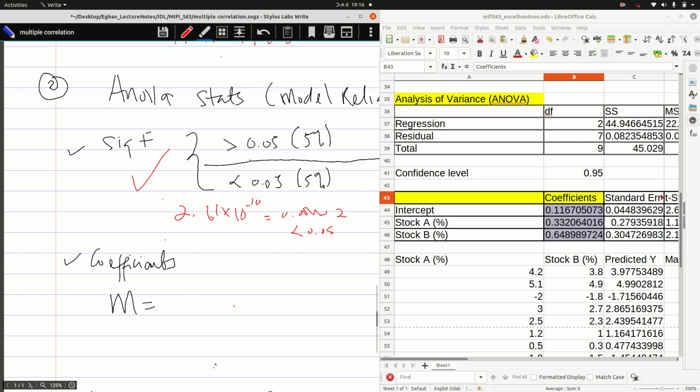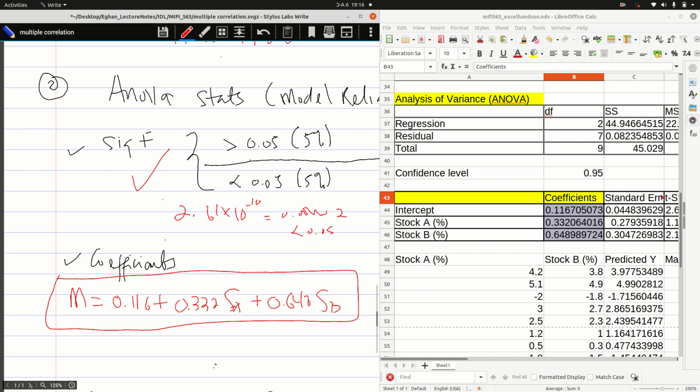So my market value will be equal to 0.116 plus 0.332 of stock A plus 0.648 of stock B. This is the model. As simple as that. I'm choosing the coefficient values here, don't forget about that.